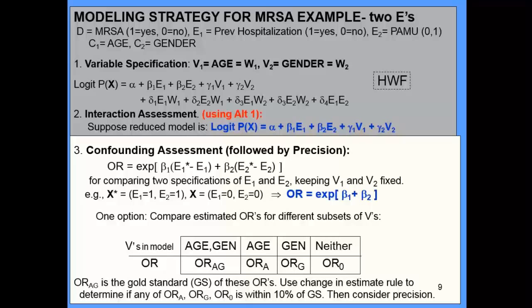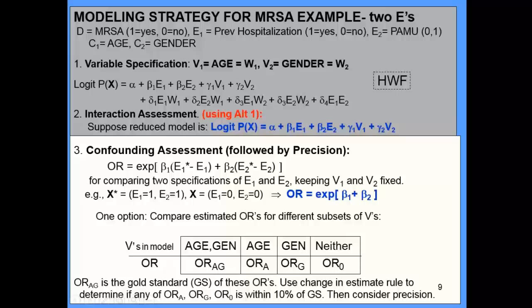Well, if it's 1 versus 0, 0, and you remember the formula for the odds ratio in this model, you're controlling for these variables, given these are fixed. So the odds ratio is e to the beta 1 (E1 star minus E1) plus beta 2 (E2 star minus E2), where E1 star is the value of E1 for one person, and E1 is the value of E1 for the other person.